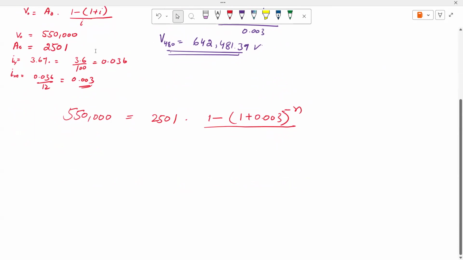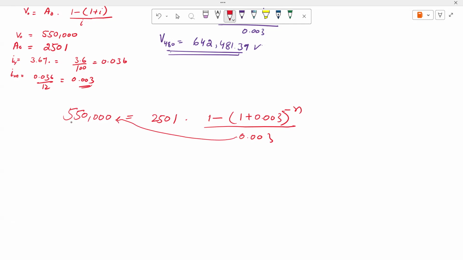All right. So in the denominator, I would get 0.003. Let's solve this. Here 0.003 is in the denominator; if I take it to the other side, it will get multiplied.